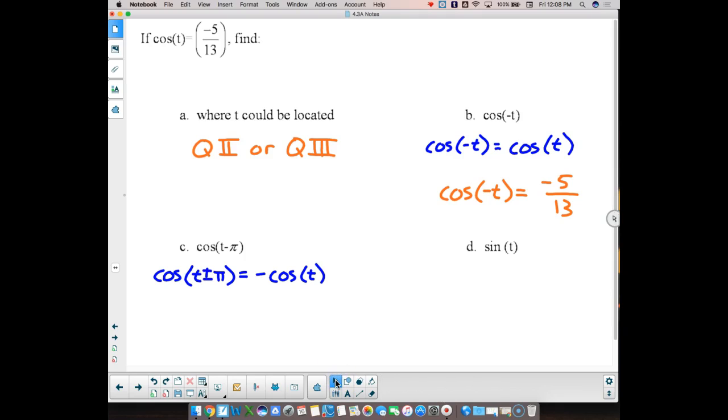Okay, we will go into the fact that it's off kilter. So the cosine here of t minus pi is going to be equal to what numerically? 5 over 13.